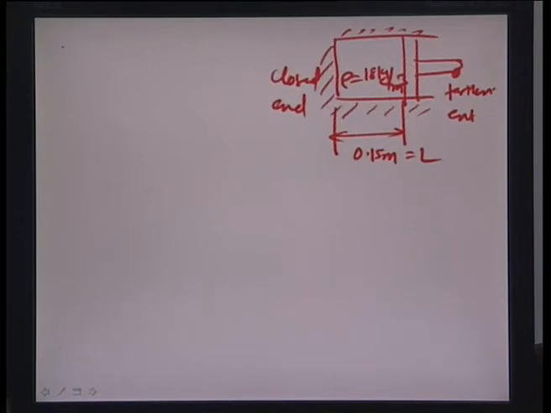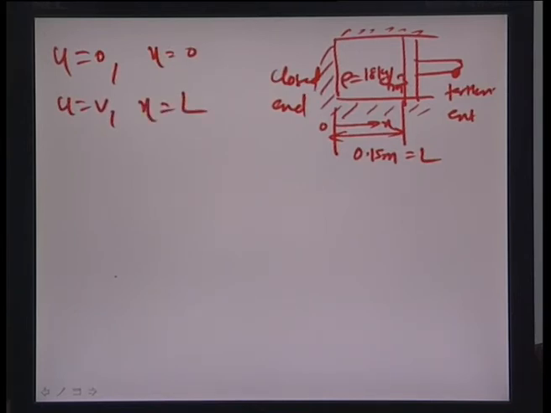We also know that the velocity is 0. Let us say we are talking about the x direction starting from 0 all the way up to L. So, velocity is 0 when x is equal to 0, and the velocity is v when x is equal to this L value.